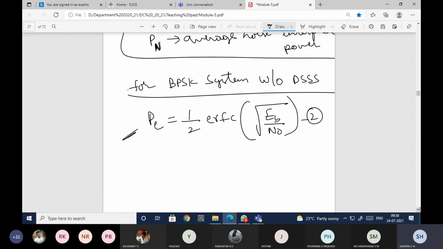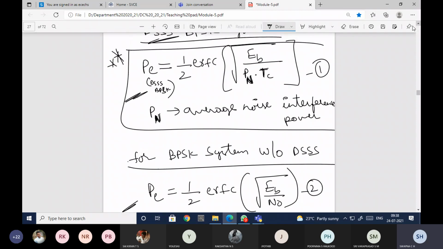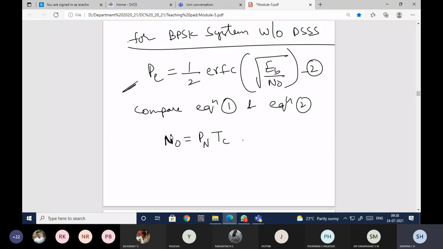Now if you compare equation 1 and equation 2, in the half error function, in the numerator here also you have EB, here also you have EB, and in the denominator you have N naught, so I can write N naught is equal to PN TC. This N naught is the power spectral density of additive white Gaussian noise.